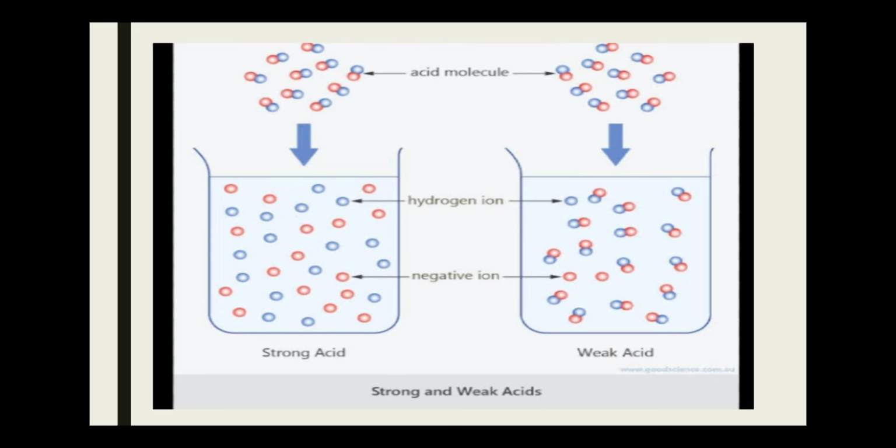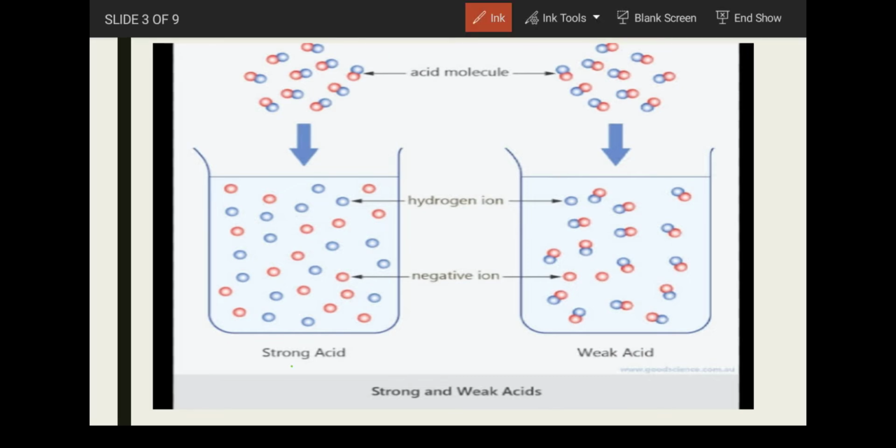Now we come to the concept of strong and weak acids. As we know, stronger acids are those acids which ionize completely in their solution. You can say that the acids which get completely or 100% ionized in their solutions are called stronger acids, and those which do not ionize completely in their solutions are weak acids.